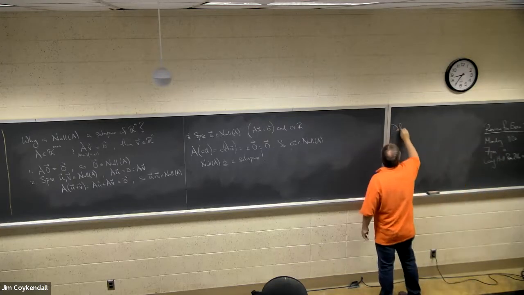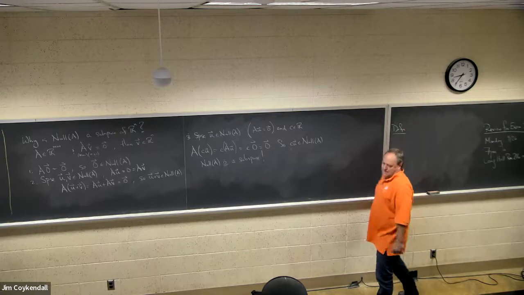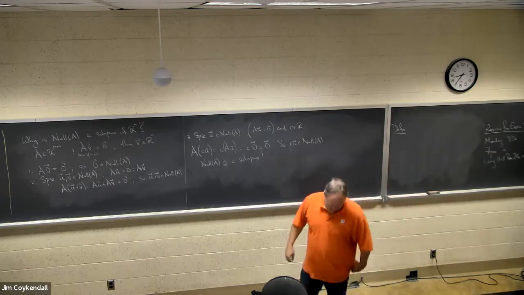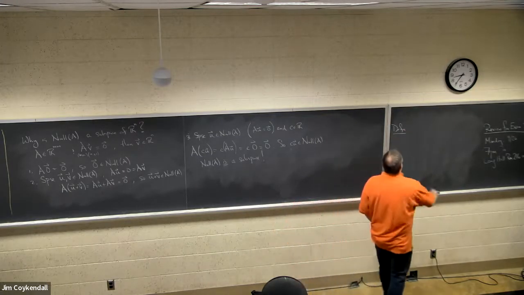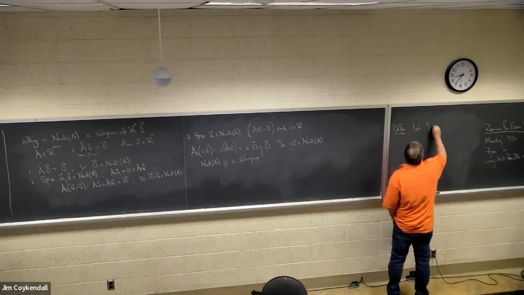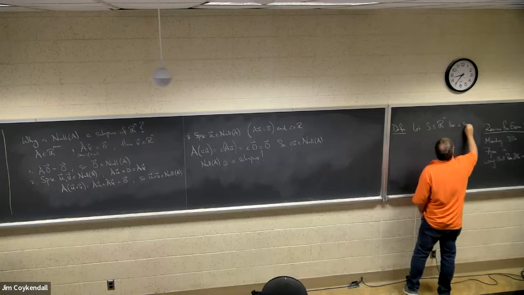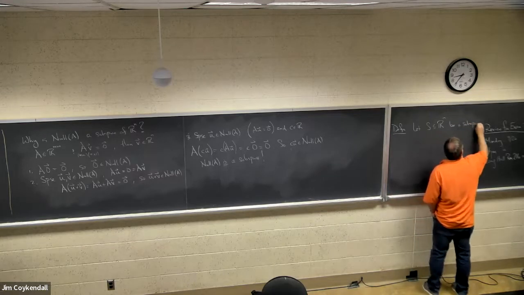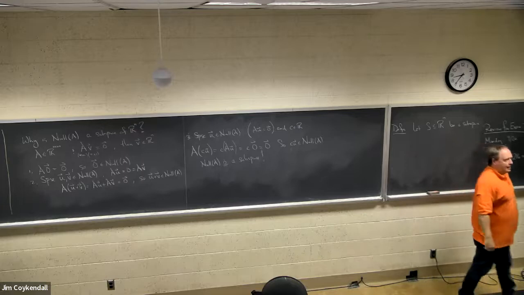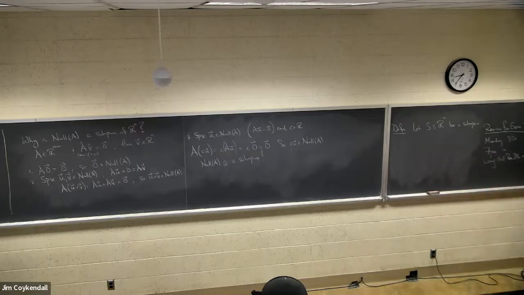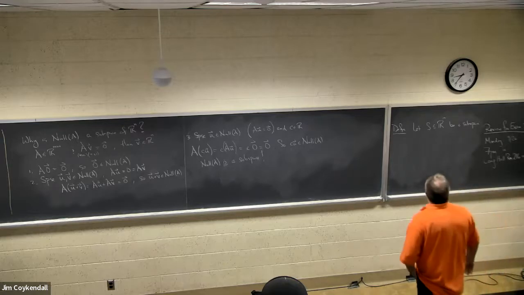Definition. Let S be a subspace. Any subspace. Let me point out that S could be all of Rn, or it could be any of our more exotic subspaces that we looked at earlier.